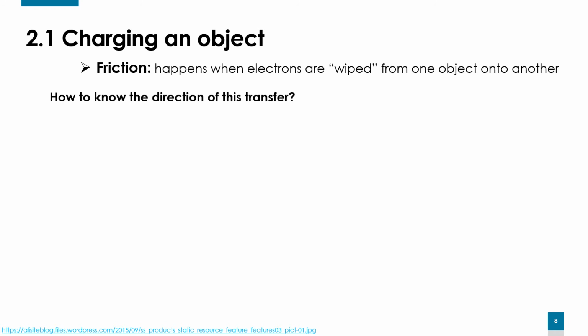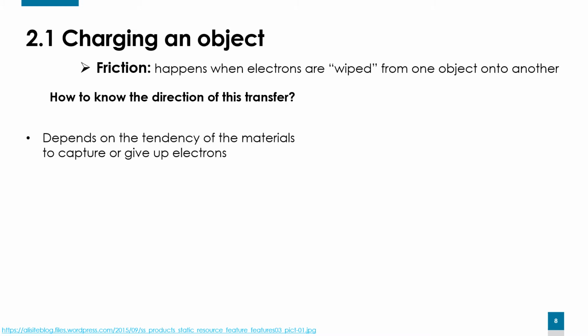Now you can ask me, how do I know which object will lose electrons and which object will receive electrons? To answer this question, we have a chart we can use, because it depends on the tendency of the materials to capture or give up electrons. Each material has its own property of capturing or giving up electrons.